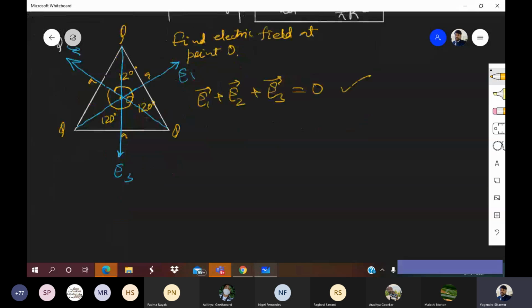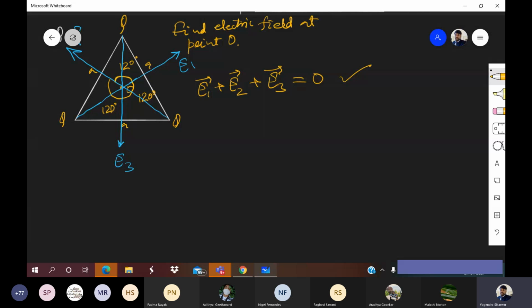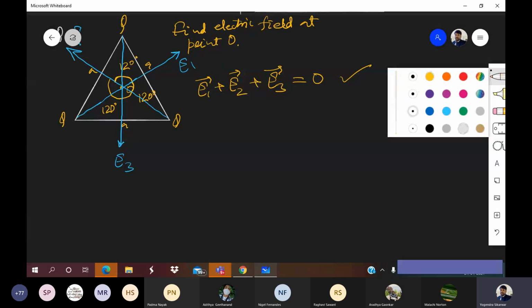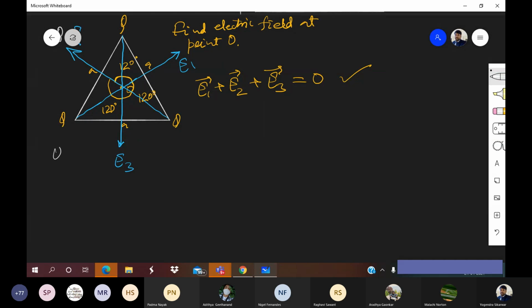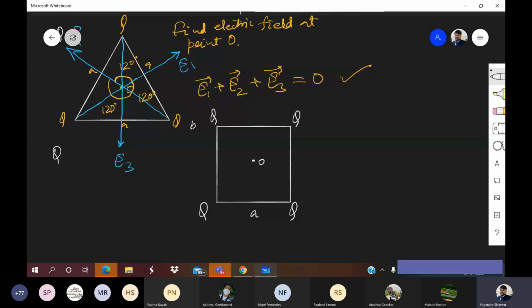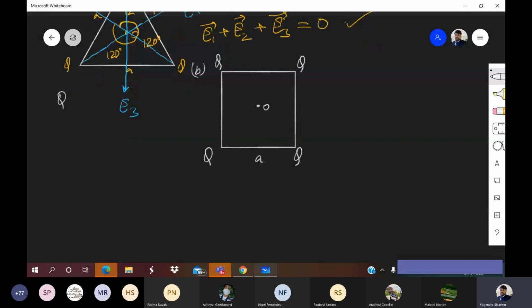I am giving you this type of easy question for a reason. Find the electric field at point O. This is Q, Q, Q, Q, with side a for all the points. So this is the B part, this was the A part, and let me give you the C part also. That will be a hexagon.